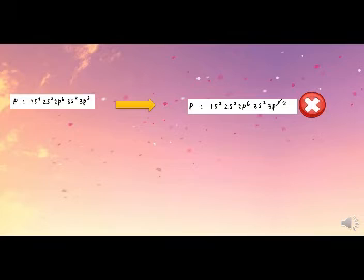Why didn't we choose phosphorus as the answer? Phosphorus is half filled. Why is it half filled? Because p holds up to 6 electrons in the orbital, but this is only 3.